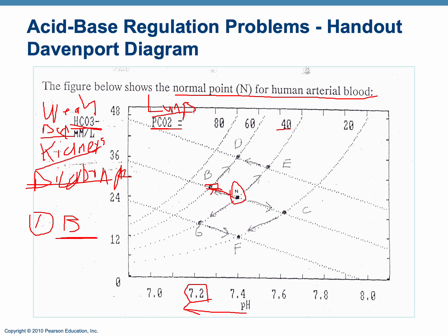We went from 40 to 60, an increase. Because there's been a change in the amount of CO2 gas, we know that this acid-base state is a respiratory state, and it's respiratory acidosis. So letter B is respiratory acidosis.